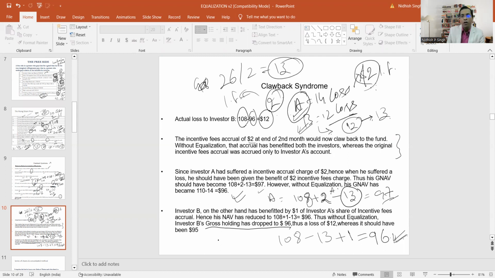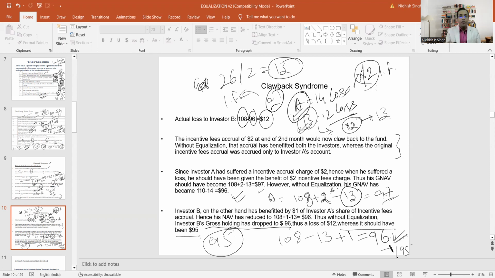So this $1 will be adjusted from 96 and it will become $95. It should have been $95 because B has not paid any incentive fee but benefited in the process. So we will reduce $1 from B, and B's overall share price will become 95.